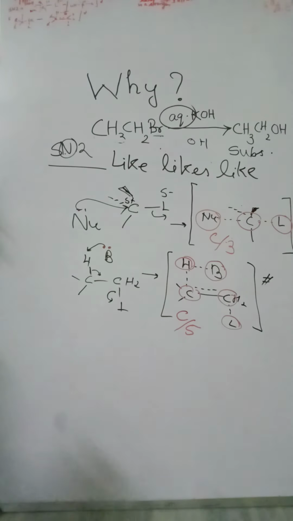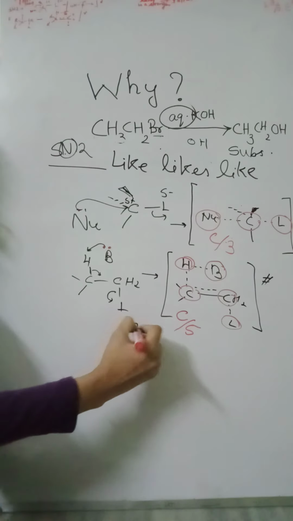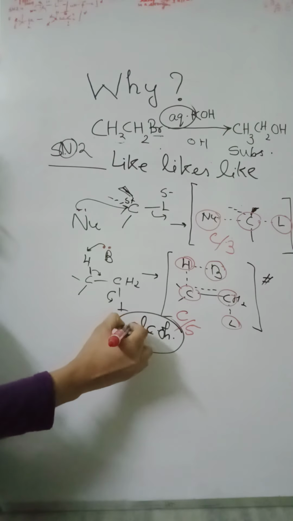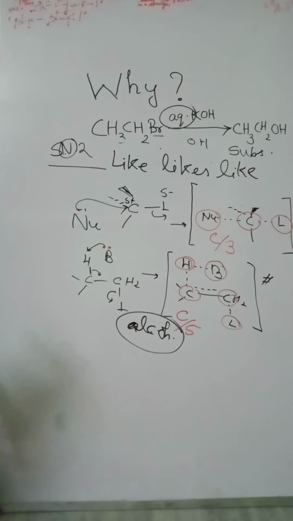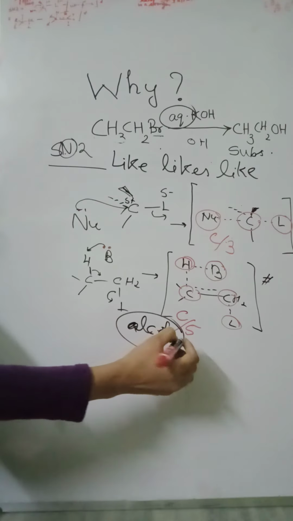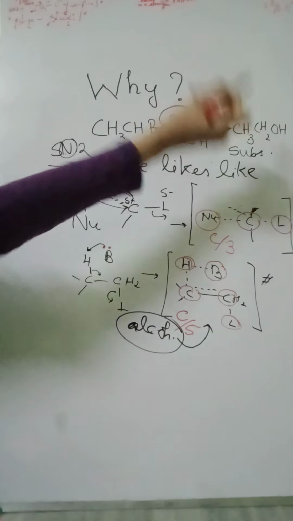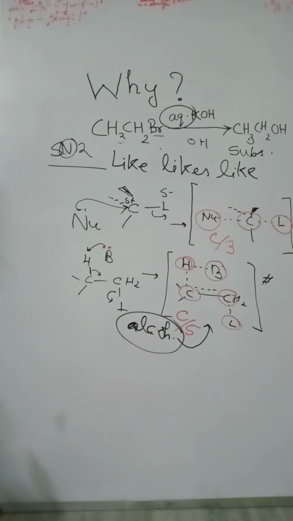And a weaker transition state will be favored in a weaker medium. Which is the weaker medium? Alcoholic medium. So is this clear now? This is the reason why alcoholic KOH favors elimination and formation of an alkene, whereas aqueous KOH favors substitution and formation of the alcohol molecule. Okay.